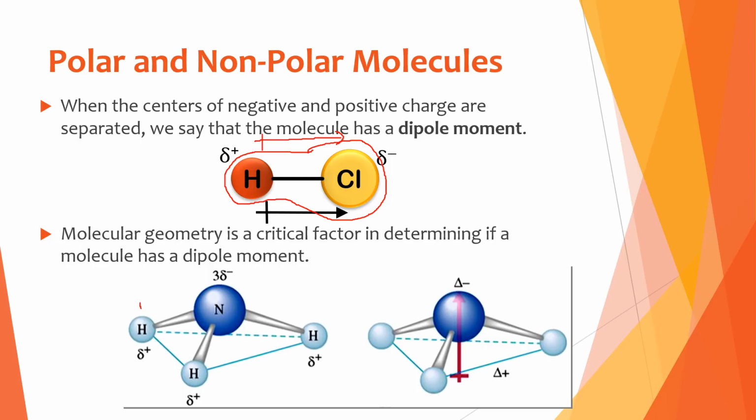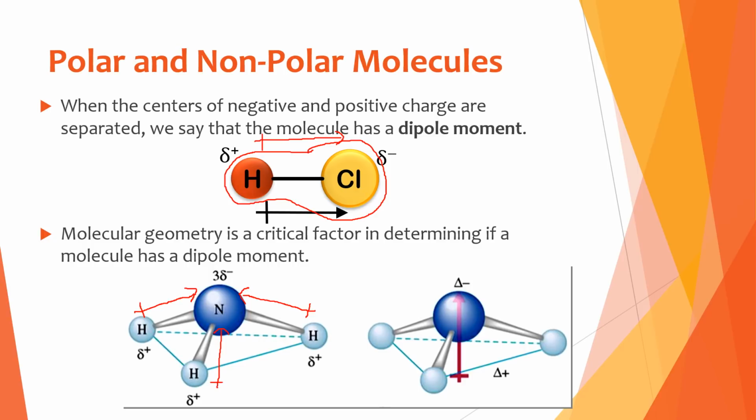The dipole moment for each of the polar bonds between H and N will point from the positive to the negative, from the H to the N. To determine whether the molecule is polar or nonpolar, we look at the effect of molecular geometry.